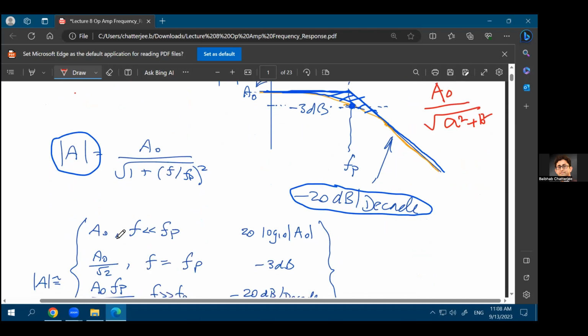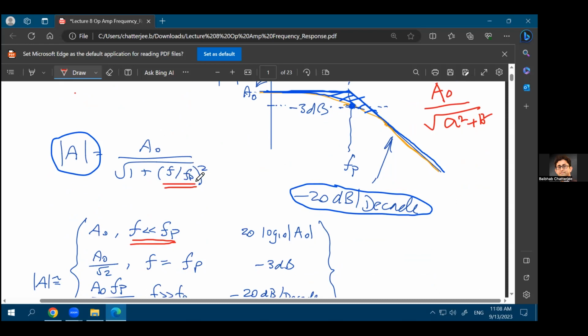Of course, if F is much smaller than Fp, let's say your frequency is much smaller than the pole frequency, what would be the magnitude of the gain then? This factor of F over Fp will be very small, and the square of that will be even smaller. Let's assume F over Fp is 0.1, that your frequency is 10 times lower than the pole frequency.